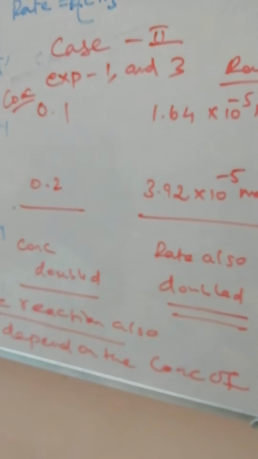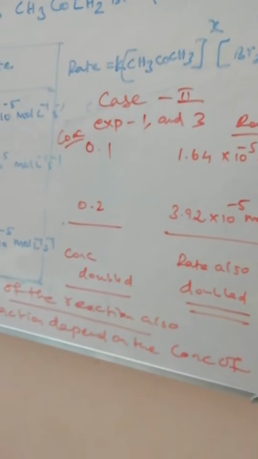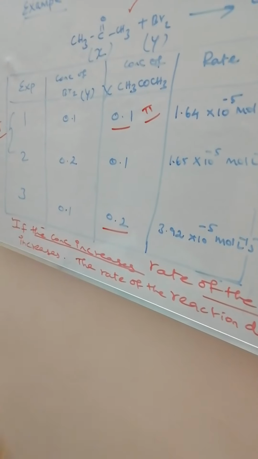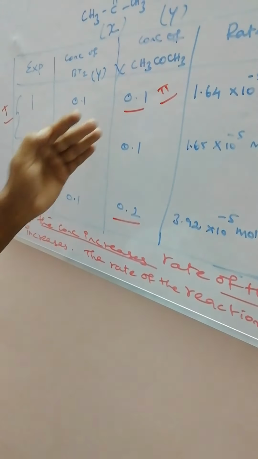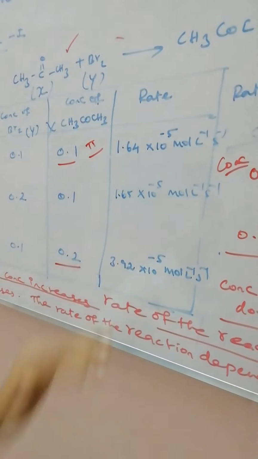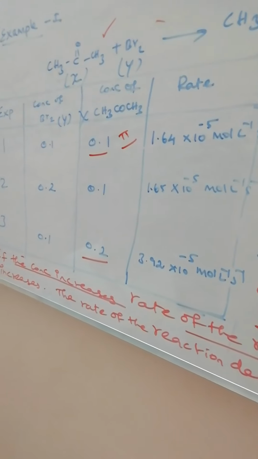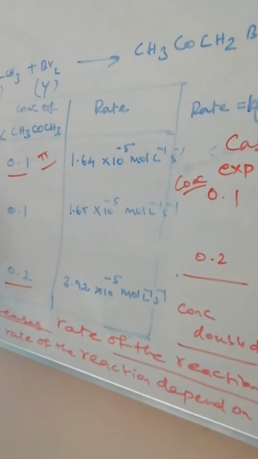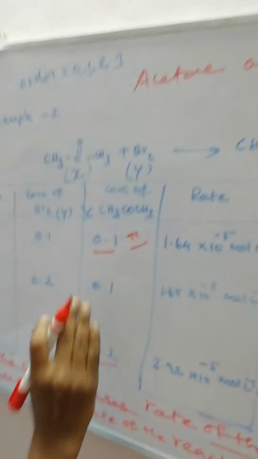In the first experiment, we do not get any rise in the rate of the reaction, though concentration increases. In the second case, concentration increases, rate also increases, so we conclude that the rate of the reaction depends upon the concentration of any one of the reactants. This type of reaction is called a first order reaction.